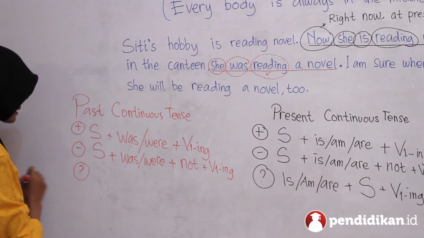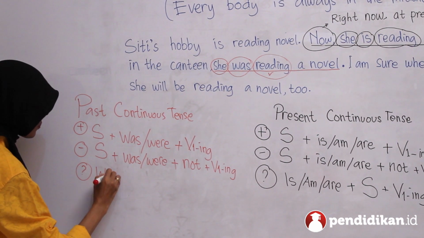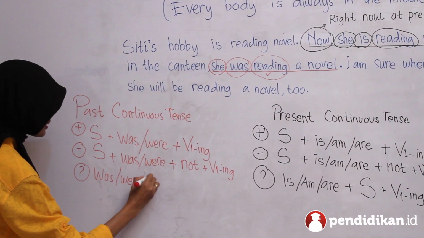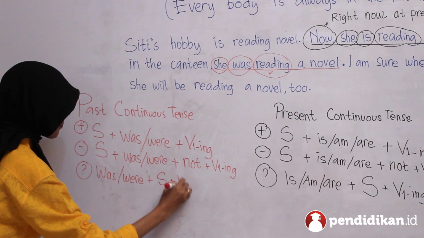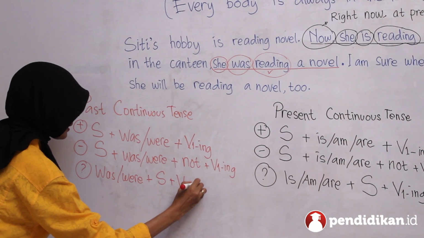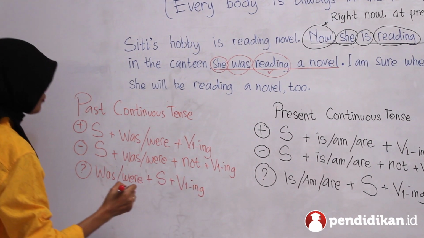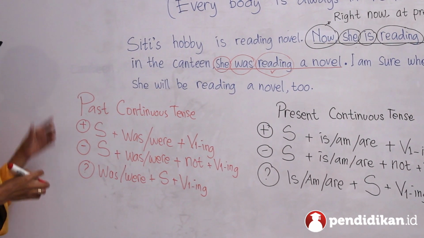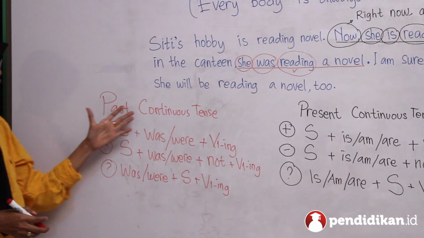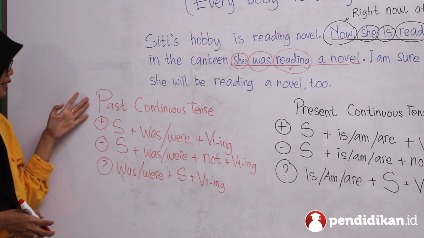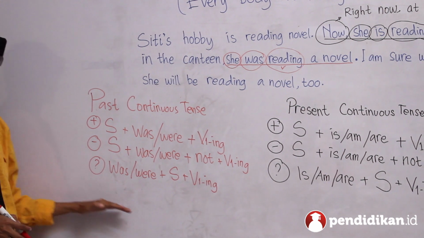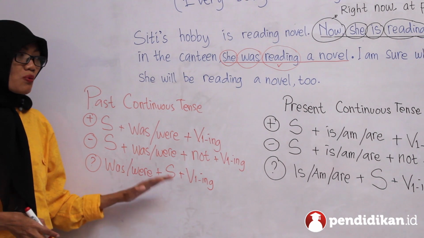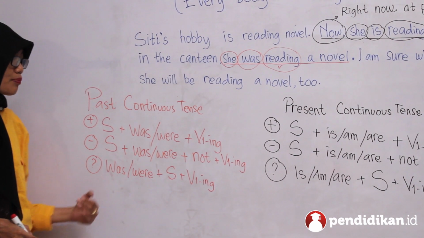For interrogative sentence, was, were plus subject plus verb 1 ing. Okay. Past continuous tense, again I say, is used to tell what was happening in the past. What was happening in the past.